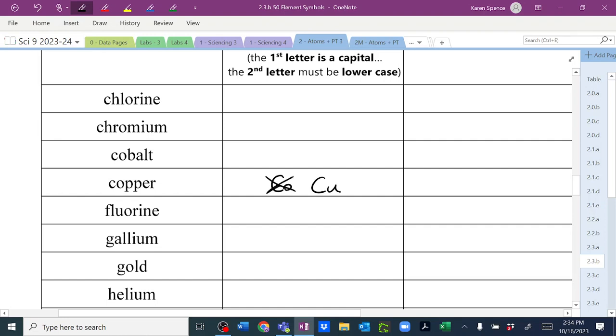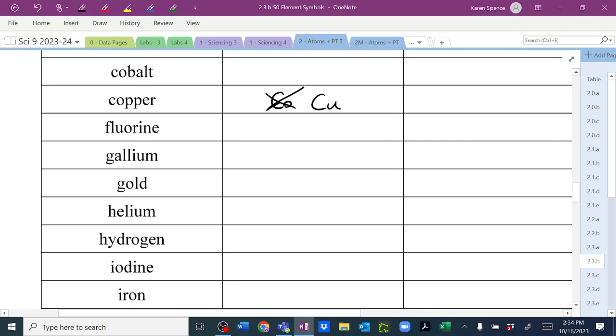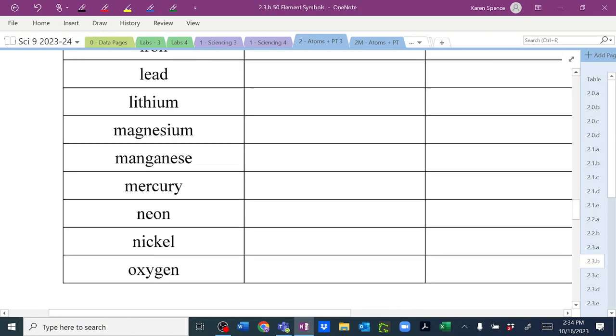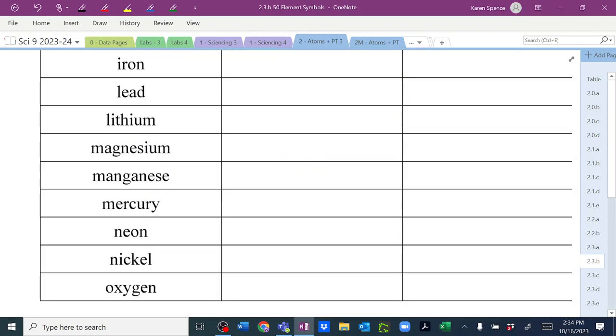So copper should be Cu. Manganese, I wrote Mg, but I also wrote Mg here. It's correct here. It's not correct here. What is manganese? Mn. So just so you know, my answer key had a couple of boo-boos in it, okay?